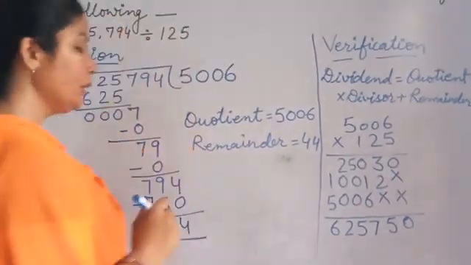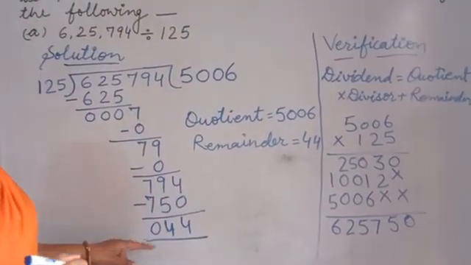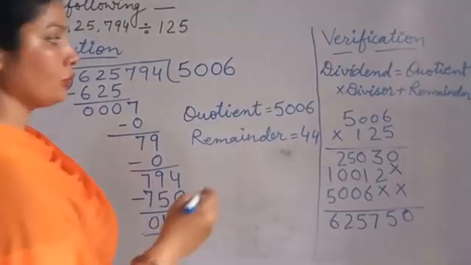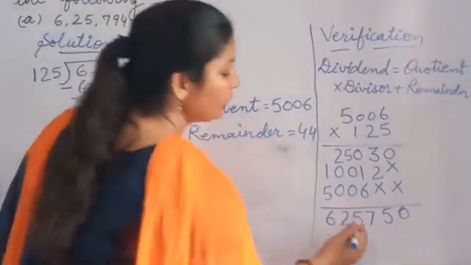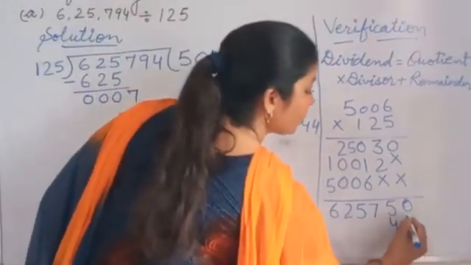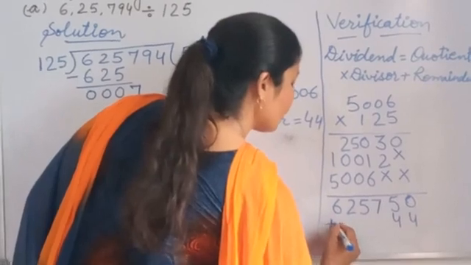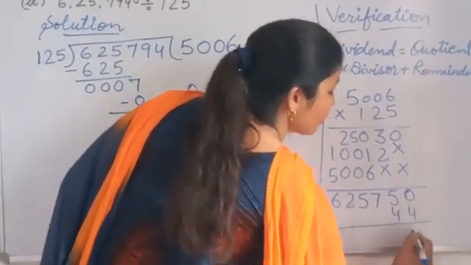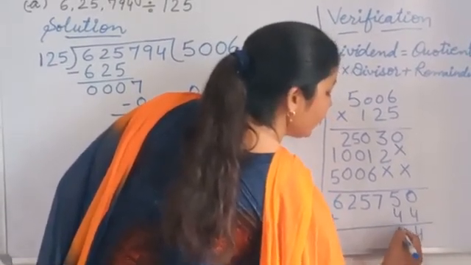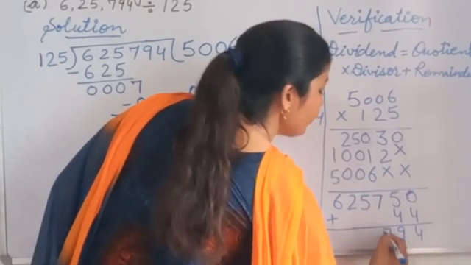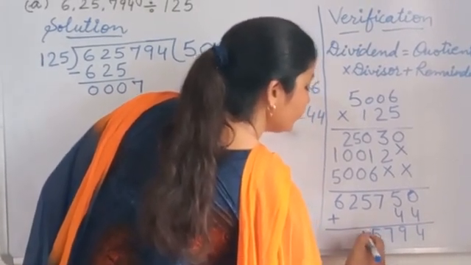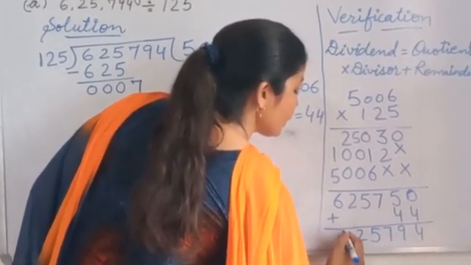Now we should add the remainder. Now remainder is 44. So we added 44. So 4, 9, 7, 5, 2, 6.